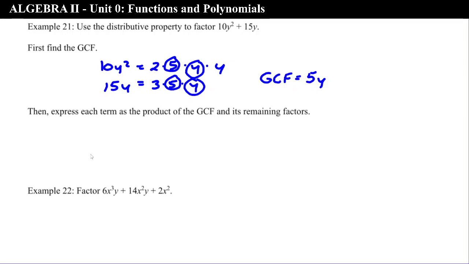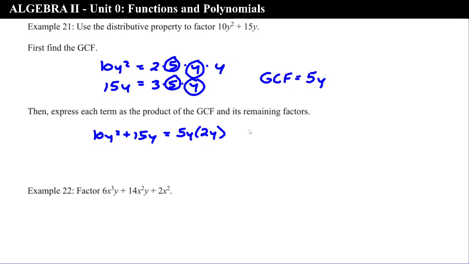Okay, so we have 10y squared plus 15y. This is going to equal 5y in the first term. Well, if we take 5y out, what's left? Well, we've got a 2 and we've got a y. And you can do a quick check because 5y times 2y equals 10y squared.